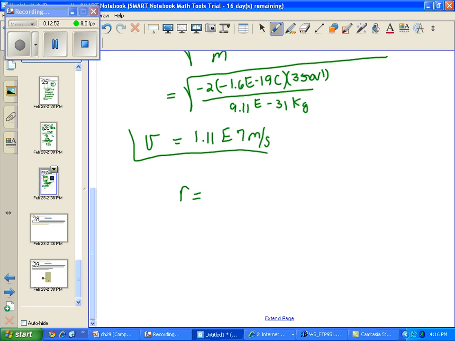And they tell us that it undergoes circular motion with a value of R, which is equal to 0.75 meters.